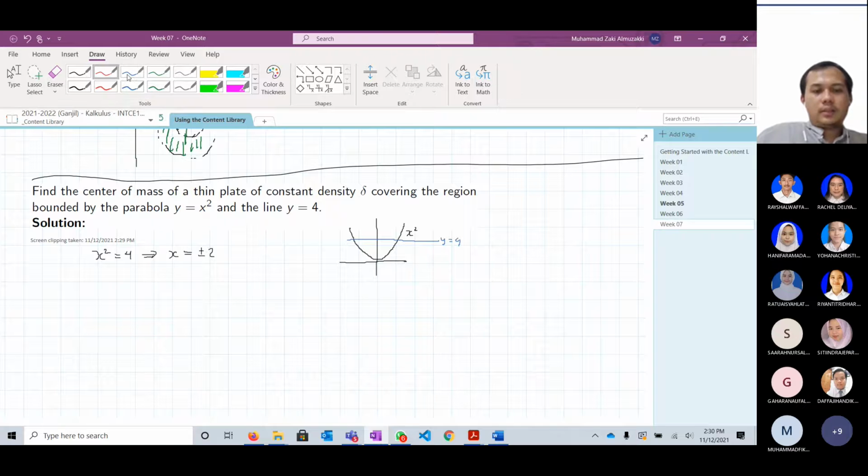Then the thin plate is basically this red shaded area, and we want to find the center of mass. Since the left side of the y-axis and the right side are equal, we know that x bar must be 0.